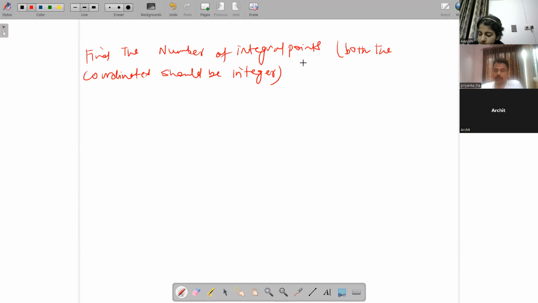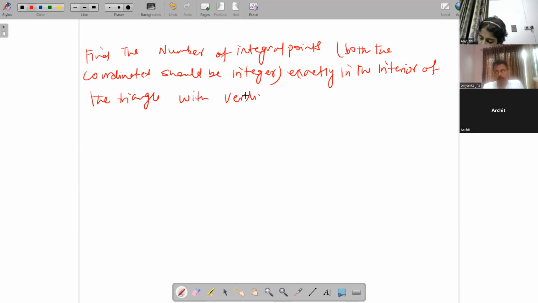We also call it lattice point. Exactly in the interior of the triangle with vertices 0 comma 0, 0 comma 21, 21 comma 0.